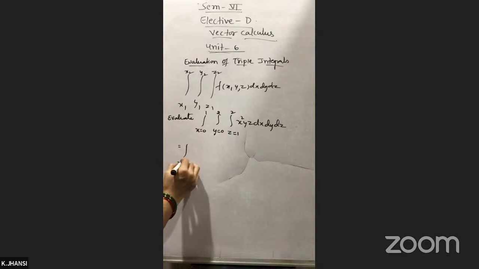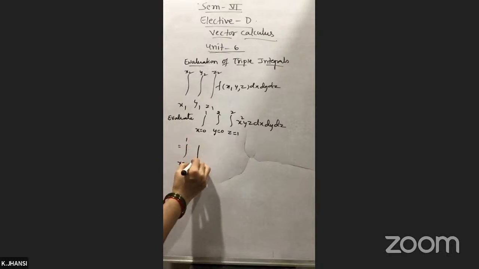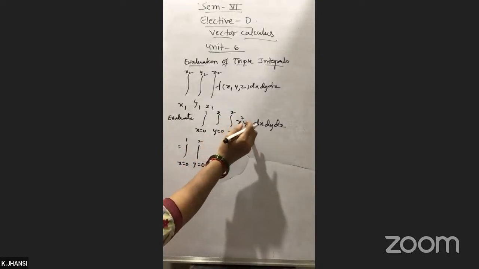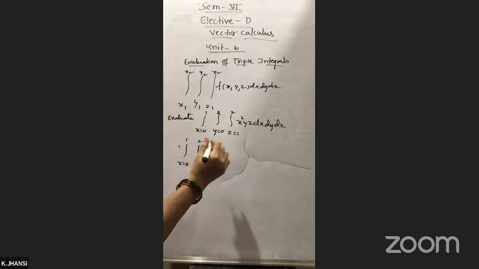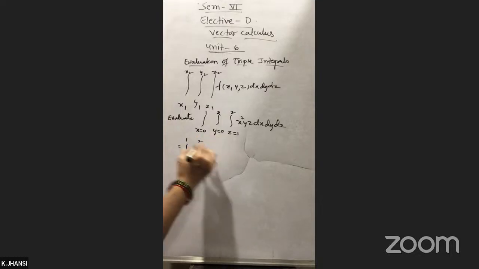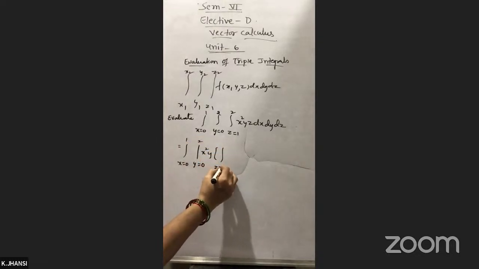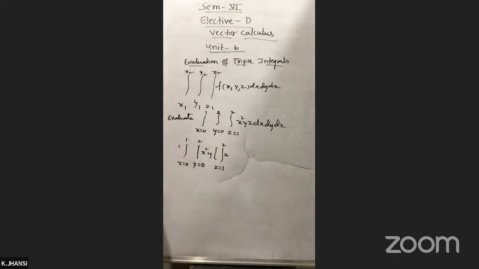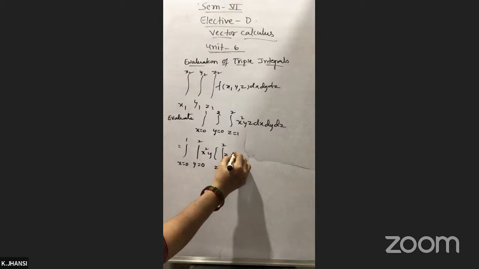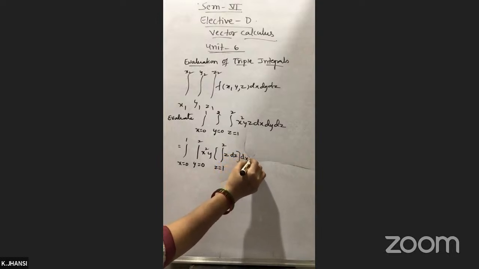So integration of x equals 0 to 1, next y equals 0 to 2. Whatever terms are there other than z, you can take them as constants, outside the integration. We take x square y outside, then integration of z equals 1 to 2 of z dz, dx dy.